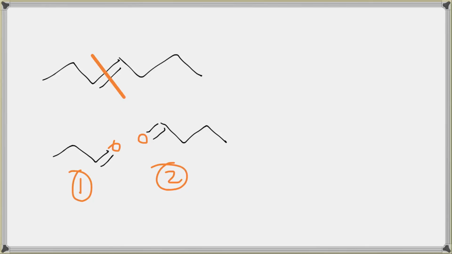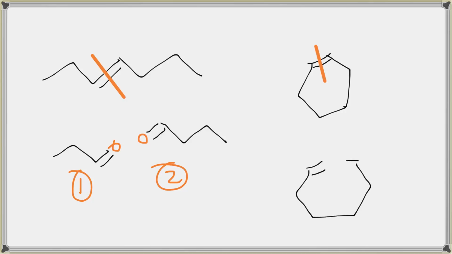But what if your alkene is part of a ring? Well then, when I cleave it, I get this, put my oxygens in there, and what you can see is this whole thing is all tied together.